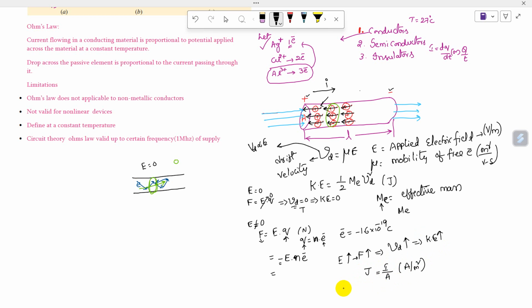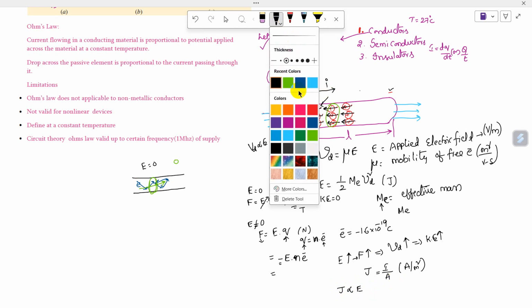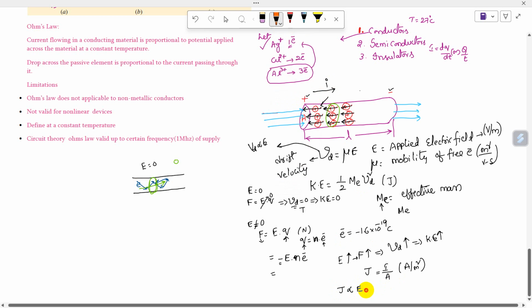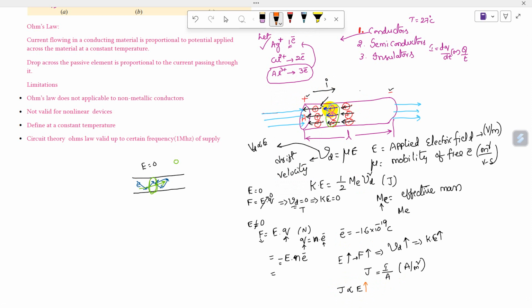Now this current density is proportional to the applied field, which means as my field increases, the amount of charge crossing this unit area increases, which means current increases. As current increases, current density increases. So this J will increase.